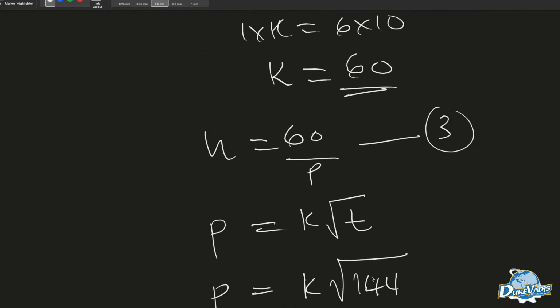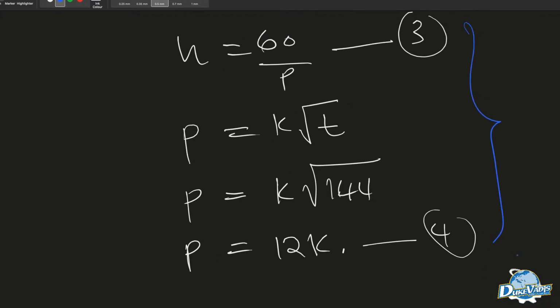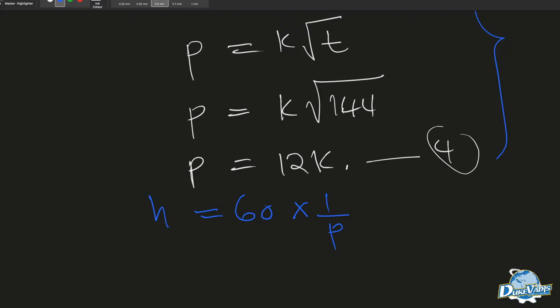So now looking at our equation number 4, these two equations will help us deduce this, since we know the value of p. In terms of h, h is equal to 60 multiplying 1 over p, and p is equal to 12k.